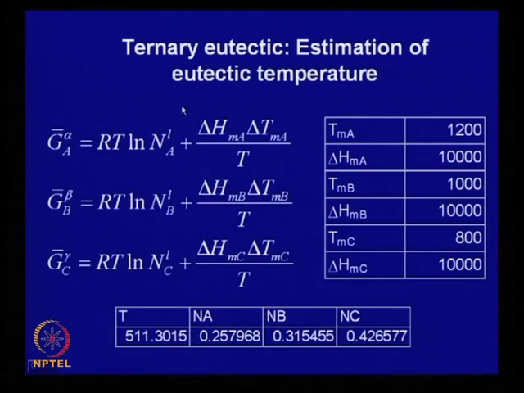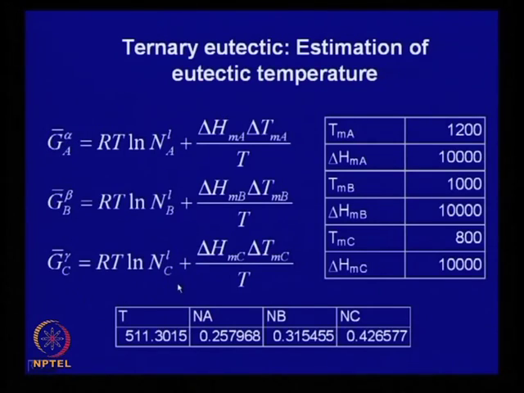For the estimation of the ternary eutectic temperature, these are the 3 equations. Now here you assume that this portion is equal to 0, this is a stable phase, it is pure A, and this is 0.